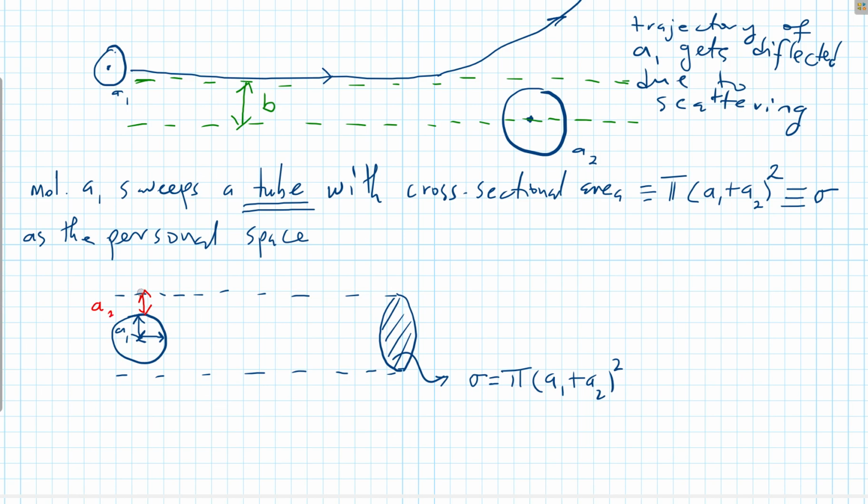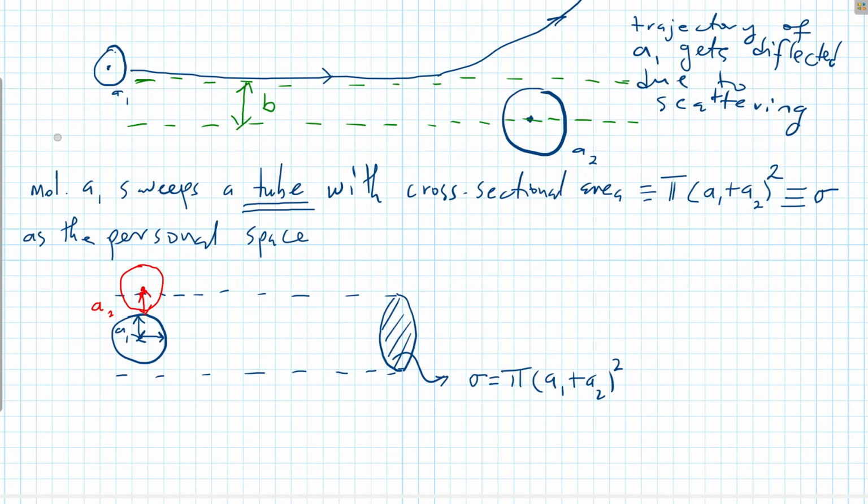If I consider the center of this second molecule to be here, then one can draw another molecule this way. But for now, forget about molecule A2 drawn in red.